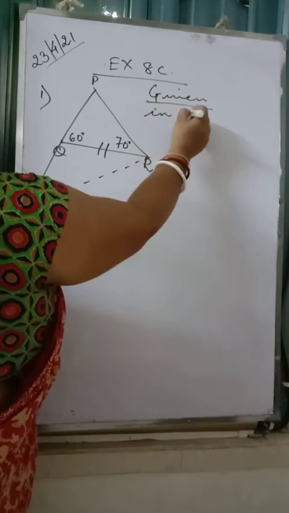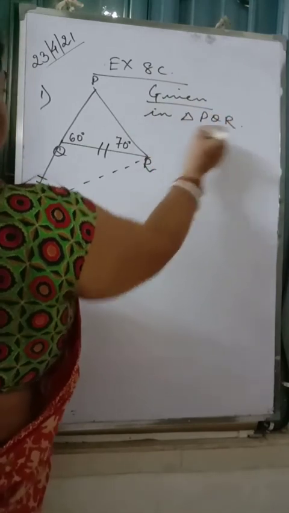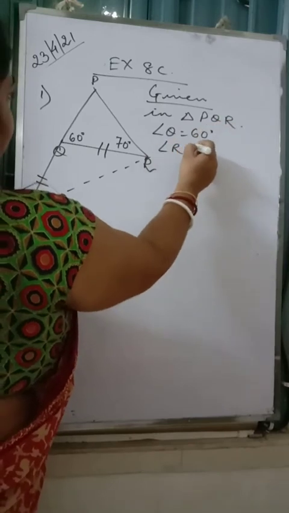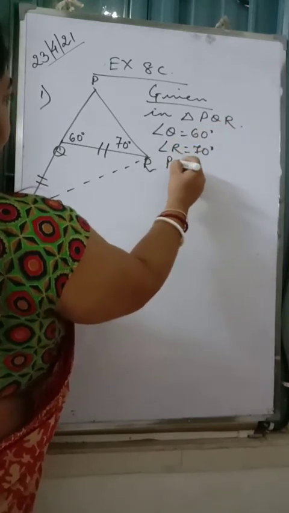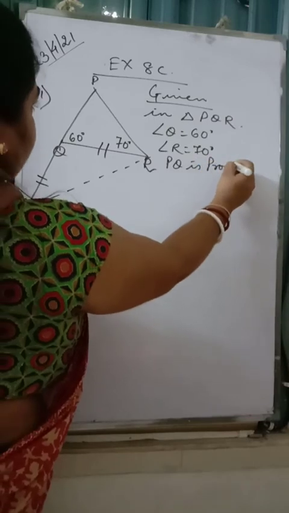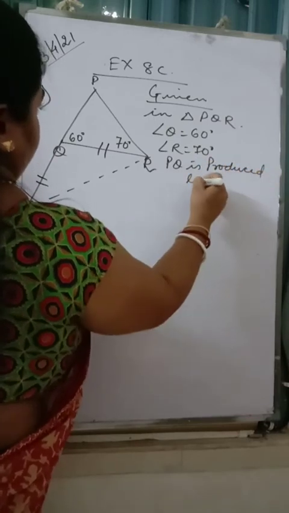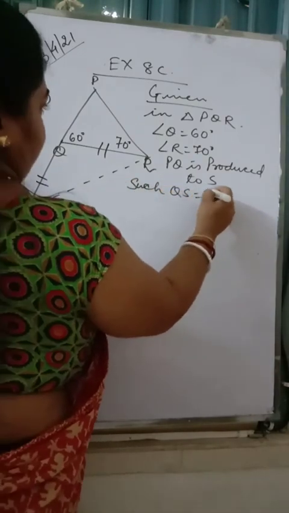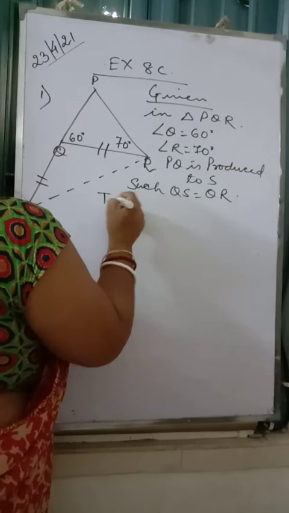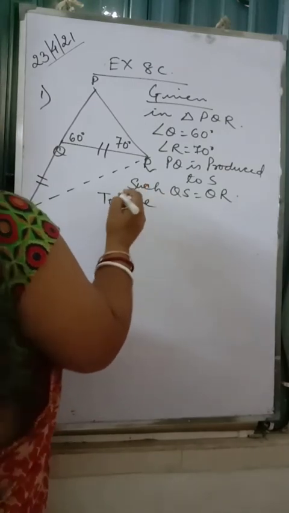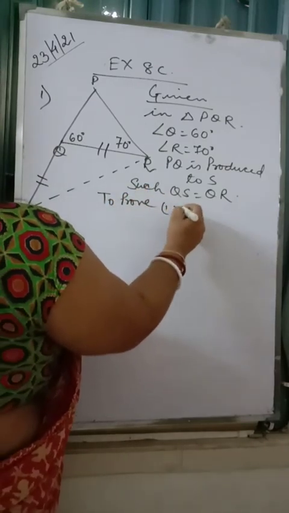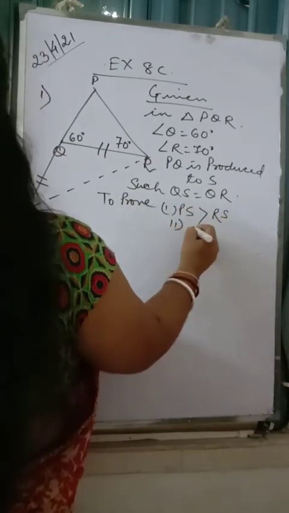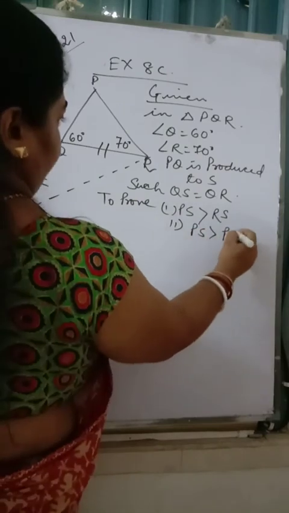Given, in triangle PQR, angle Q is equal to 60 degrees, angle R is equal to 70 degrees, PQ is produced to S such that QS is equal to QR. To prove: number 1, PS is greater than RS, and number 2, PS is greater than PR.